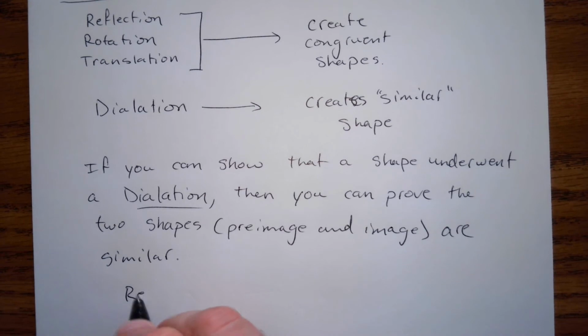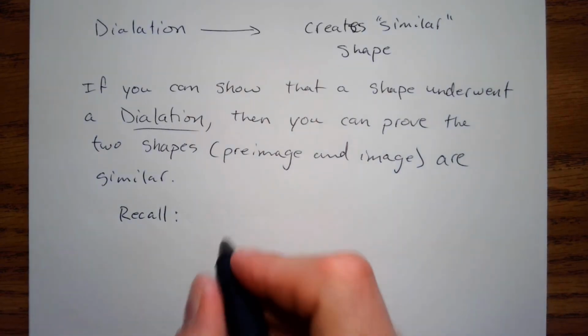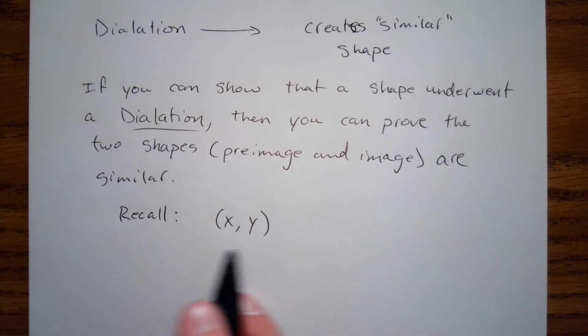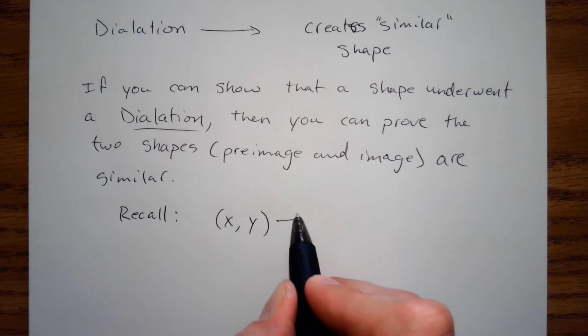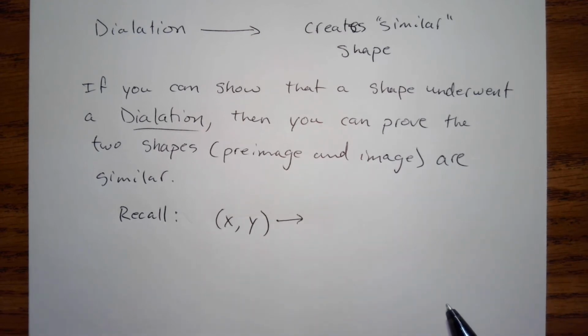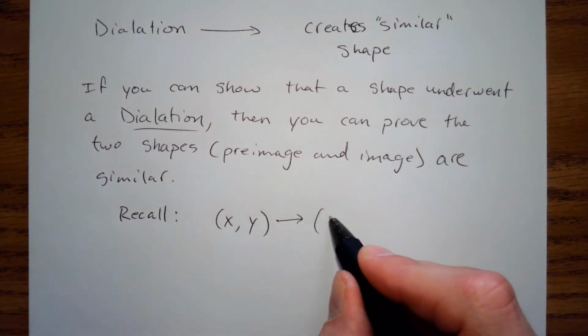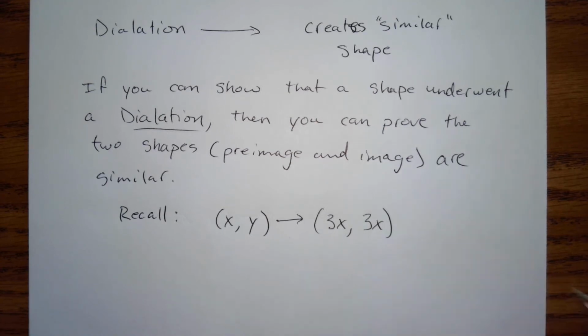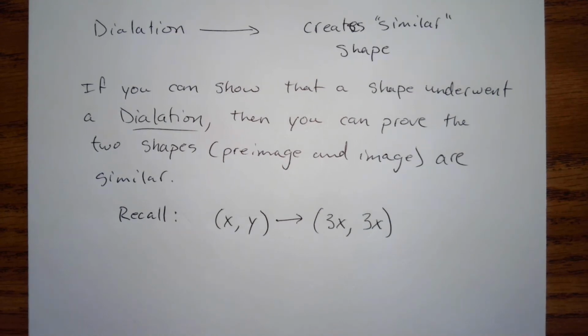And I'm saying, recall, if you had some rule that takes x and y coordinates and you multiply them by 3, this would be a dilation with a scale factor of 3, or by a factor of 3.